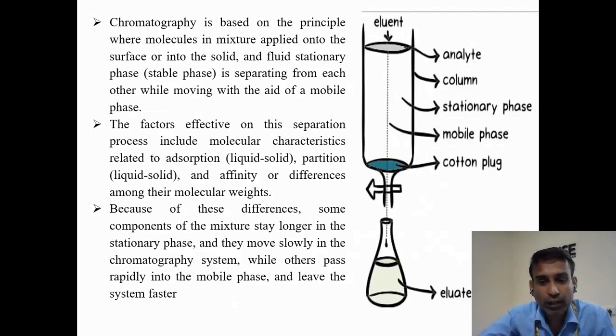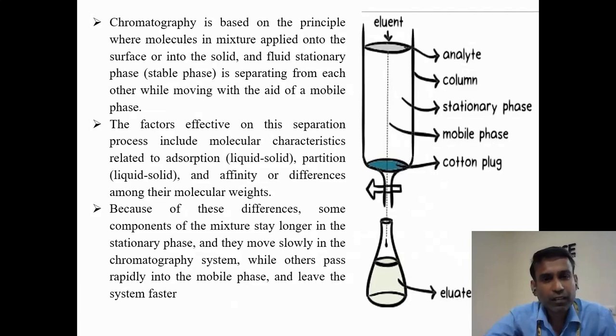Okay, some of the molecules present in the food sample will adhere to the stationary phase itself. So it depends on the polarity and the interaction between the molecules present in the food sample and the stationary phase, and also on the size of the particle. The molecules can be easily separated with the help of the stationary phase, the mobile phase, and at the same time the medium also.